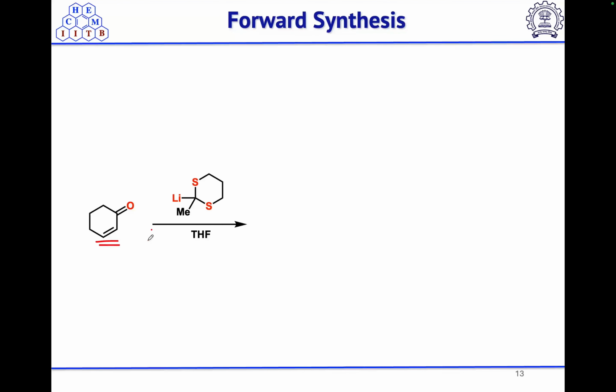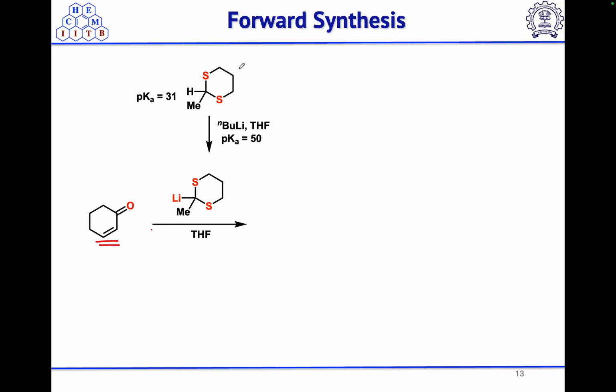Now the next step is we can add the lithiated species, this 1,3-dithiane derivative. Okay, so basically umpolung chemistry. This is basically acetaldehyde, right? So how can we generate the corresponding lithiated species of this acetaldehyde?